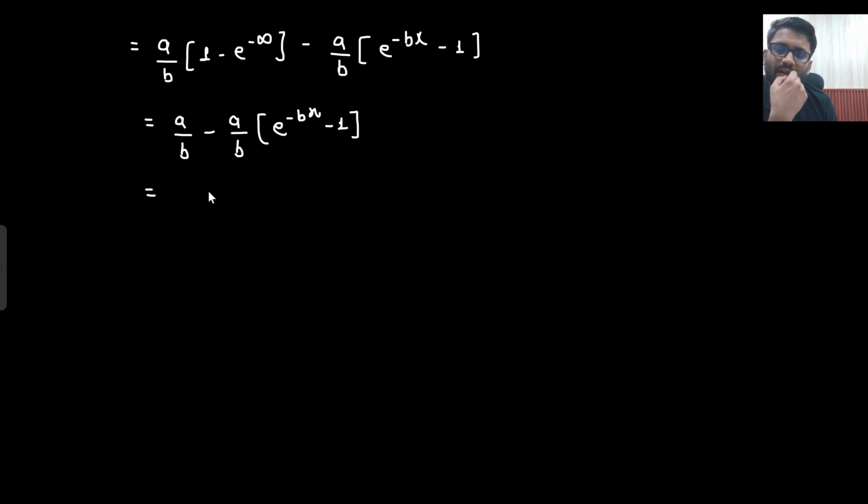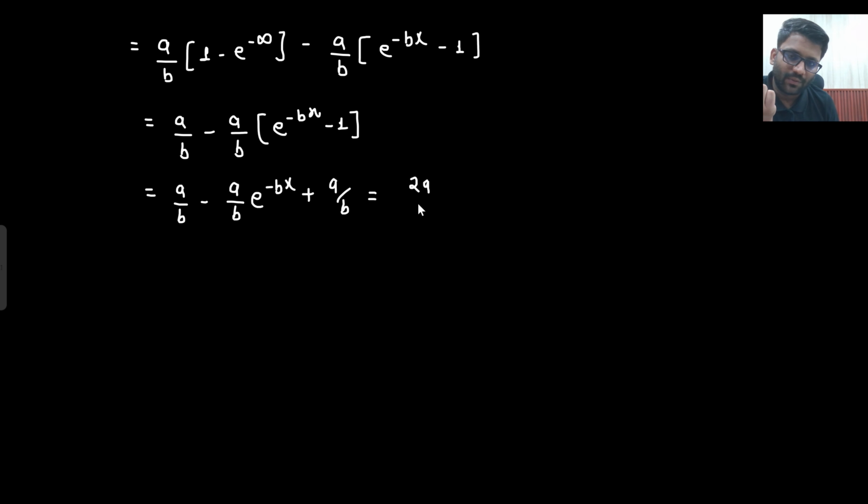Or what you can do, this will actually become 2a by b minus a by b e to the power minus bx. Can you understand this point? Basically, minus a by b is there, let's keep a by b as it is, minus a by b e to the power minus bx plus a by b.